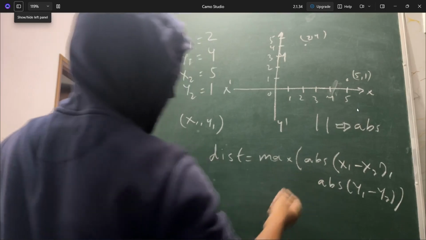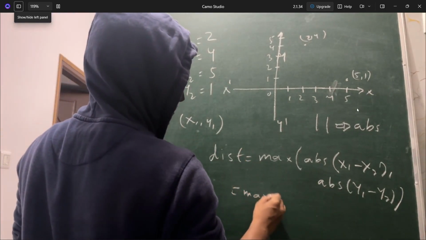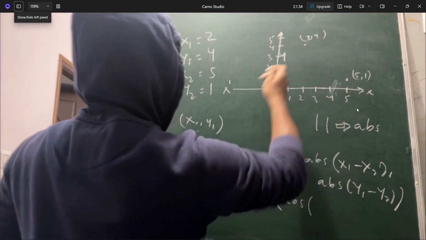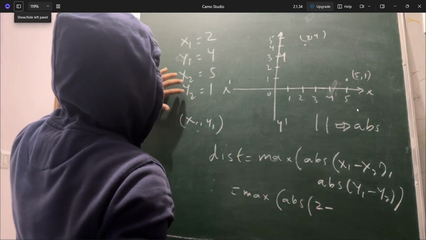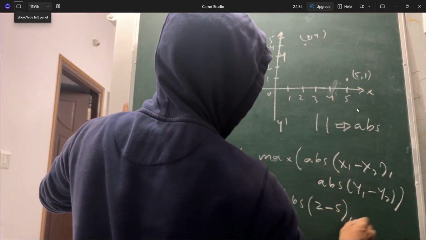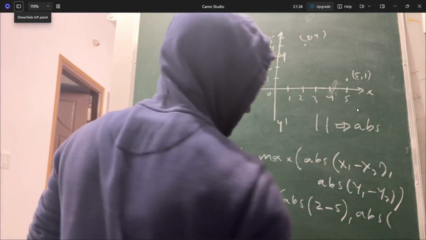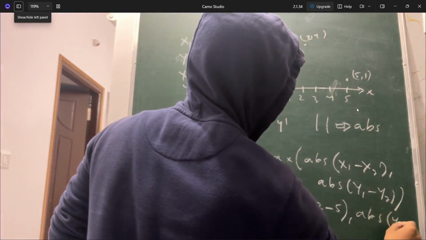This is basically formula based only. So if you put in this formula, it will be absolute of x1, which is 2, minus x2, which is 5, comma absolute of y1, which is 4, minus y2, which is 1, so 4 minus 1.